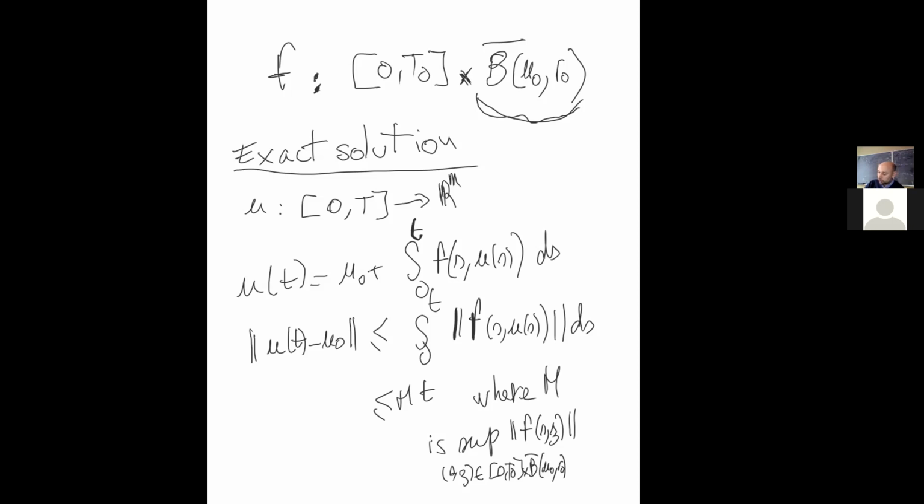All right, if I choose t less than r node divided by M, the norm between u of t and u node will be less than r node. So let's write it like that.